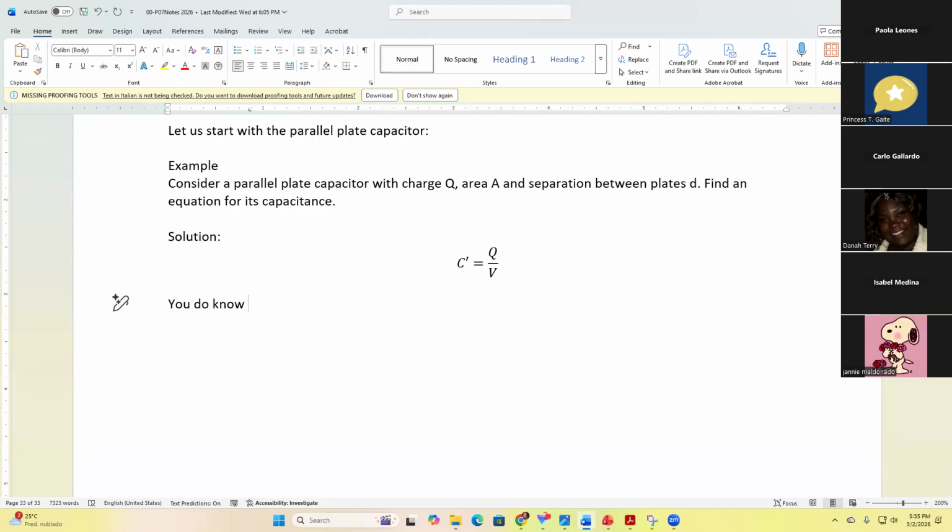You do know that the field inside a parallel plate capacitor is uniform, right? Remember that? The electric field E is what? Sigma over epsilon naught.